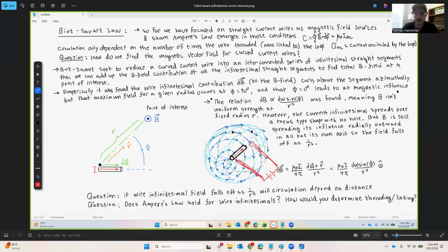In other words, this current element, the Biot-Savart current element, can't exist on its own, because it needs a closed loop to drive the current. Current is just moving charge, and fundamentally, charge cannot be created or destroyed.